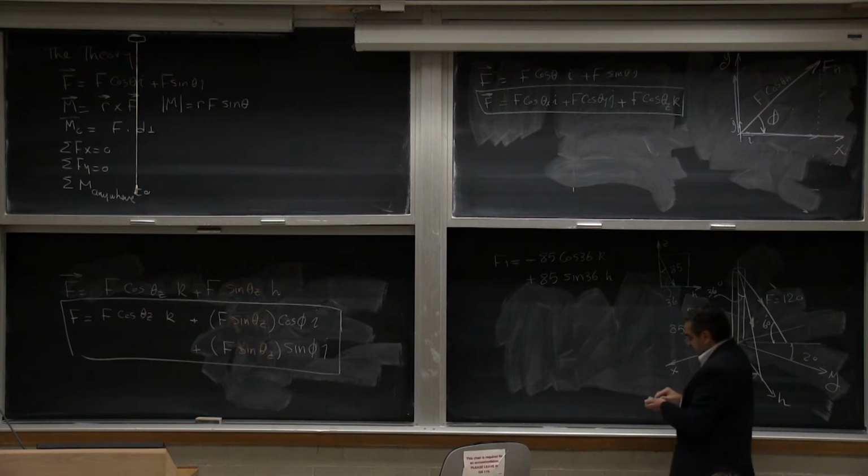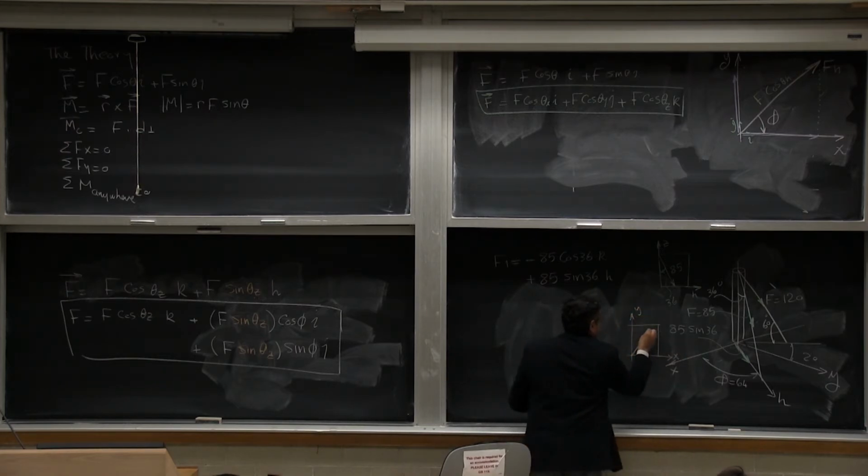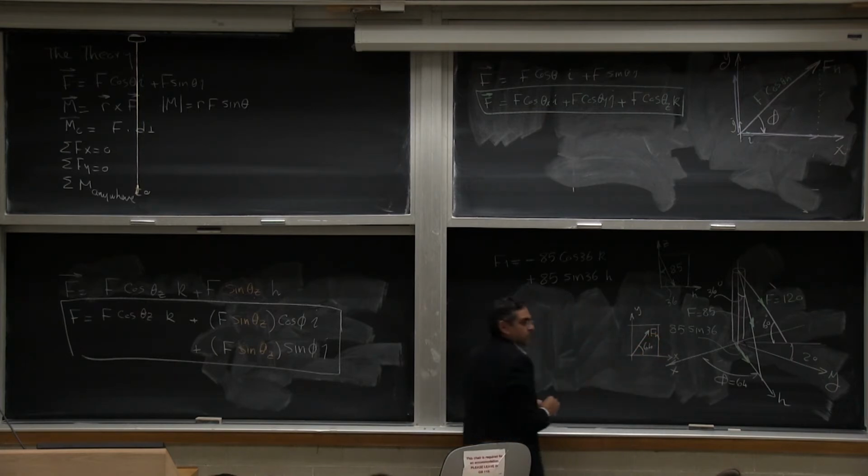So if I draw the second plane, this is the x, the y, and this is F_h, and this is 64.